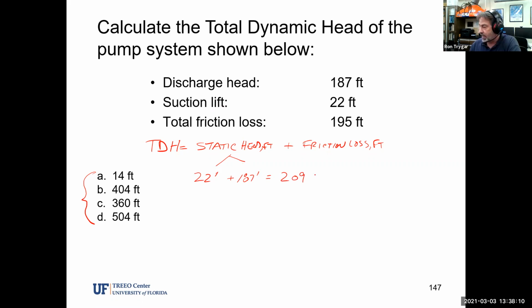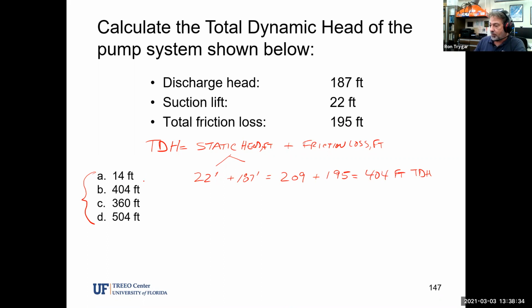And now we're going to add to the 209 the total friction loss, which is 195. 209 plus 195, I came up with 404 feet of TDH.